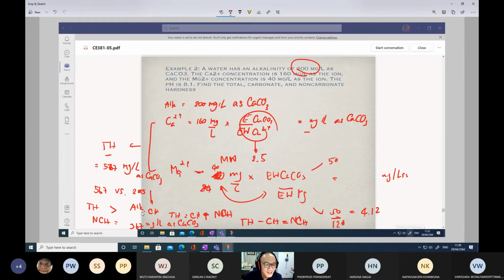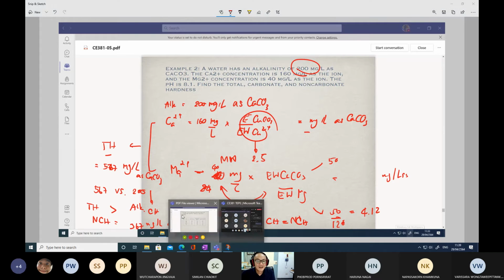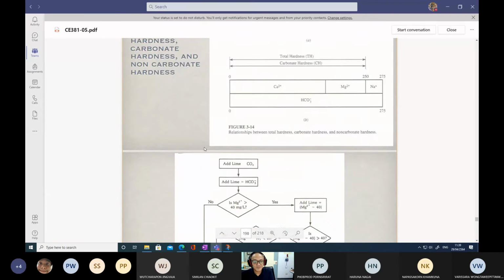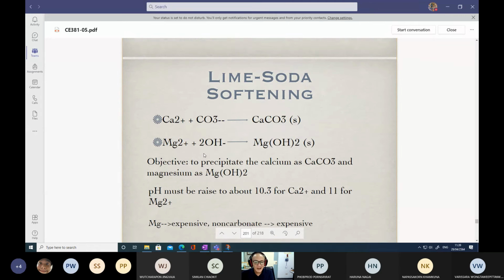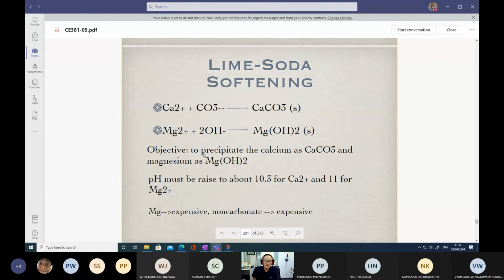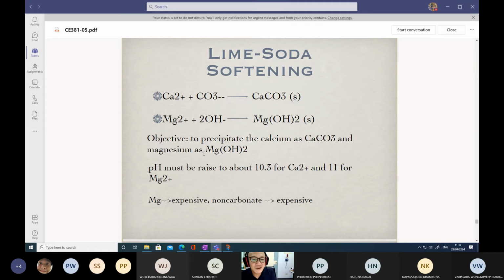Where is the carbonate hardness? 200 is the carbonate hardness. We assume all the alkalinity is equal to the carbonate hardness, and the difference between the total hardness and the alkalinity is the non-carbonate hardness. Okay, so these are the answers to this question. Now we will move to the chemical process that we use to remove the hardness.